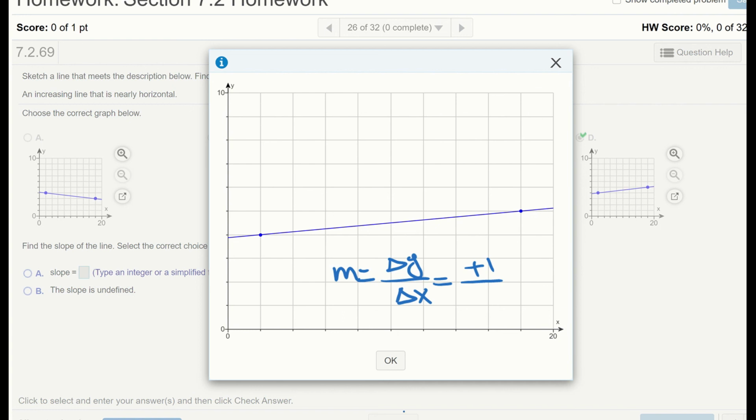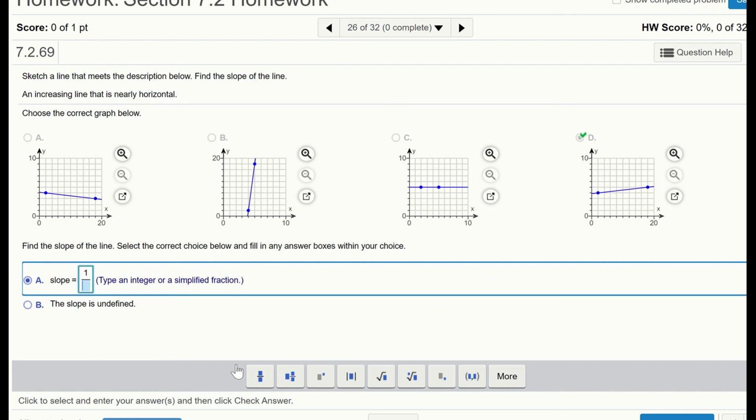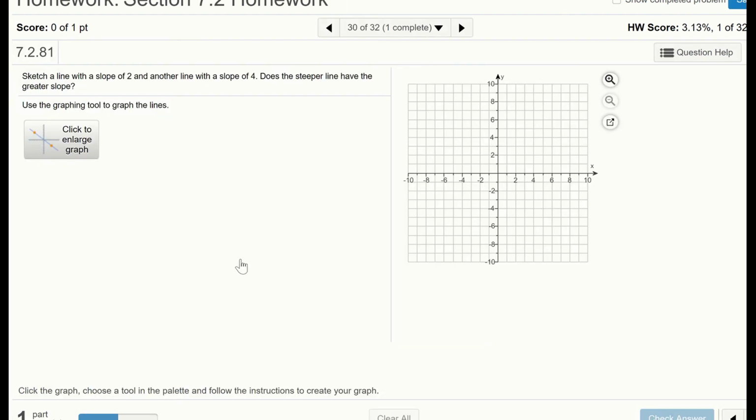Notice that's going to be 1, 2, 3, 4, 5, 6, 7, 8. 8 times 2 is what? 16. So the slope is 1/16. Okay? We type that in. And we should be done with the problem. Okay? Very simple.